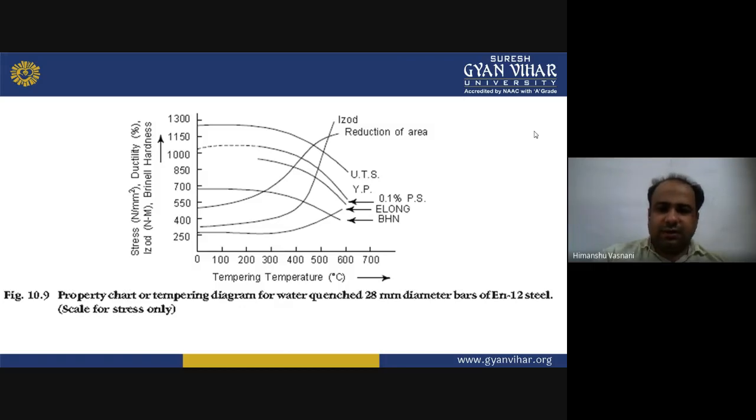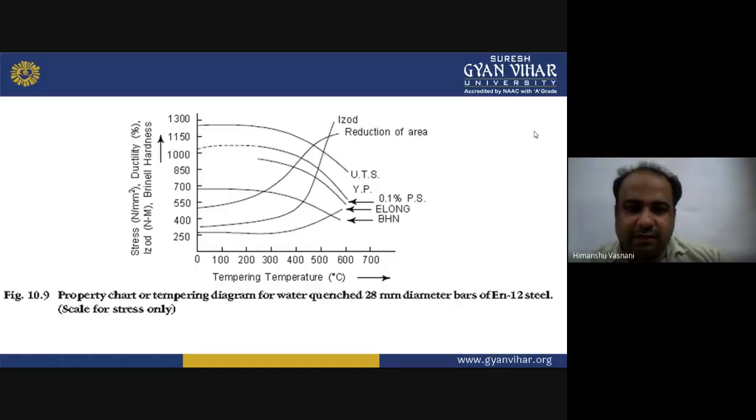You can see the arrows denoting the decrease, and the elongation is also getting increased after a particular temperature. Then you can also see the reduction of area increasing as the temperature increases. This is the property chart or tempering diagram for water quench.